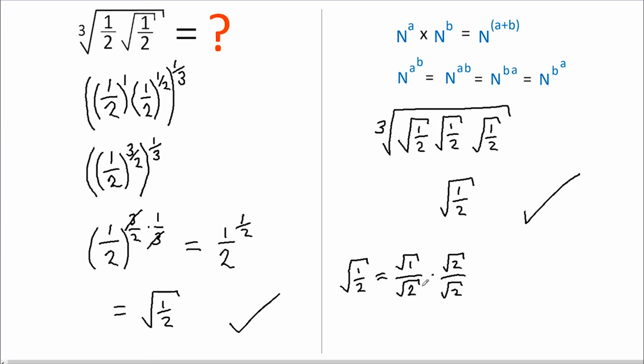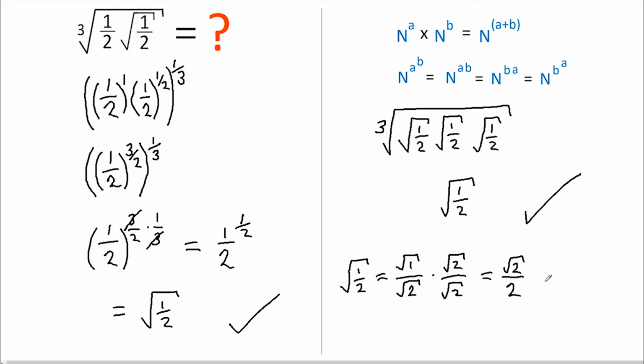We now get the root of 2 times the root of 2 on the bottom, which gives us just 2, and 1 times the root of 2 on the top, which is a root of 2. This is much better. No root of 2 in the denominator.